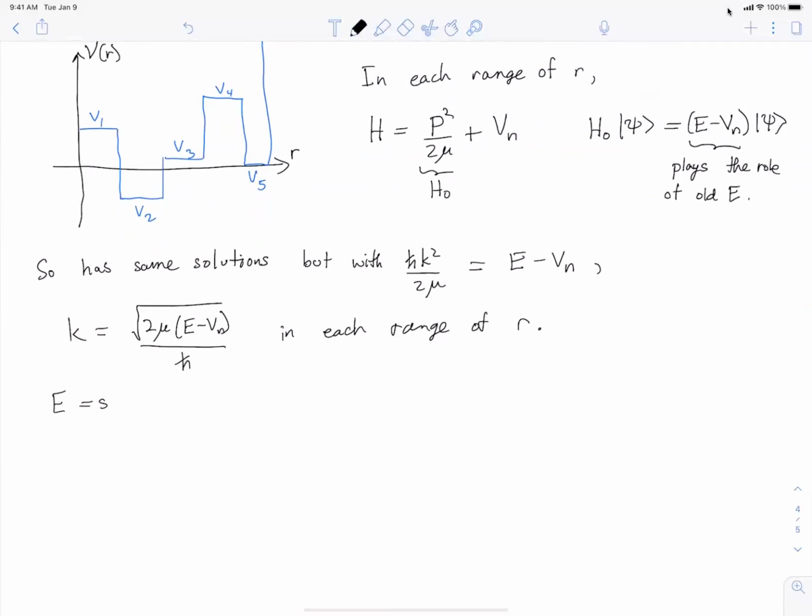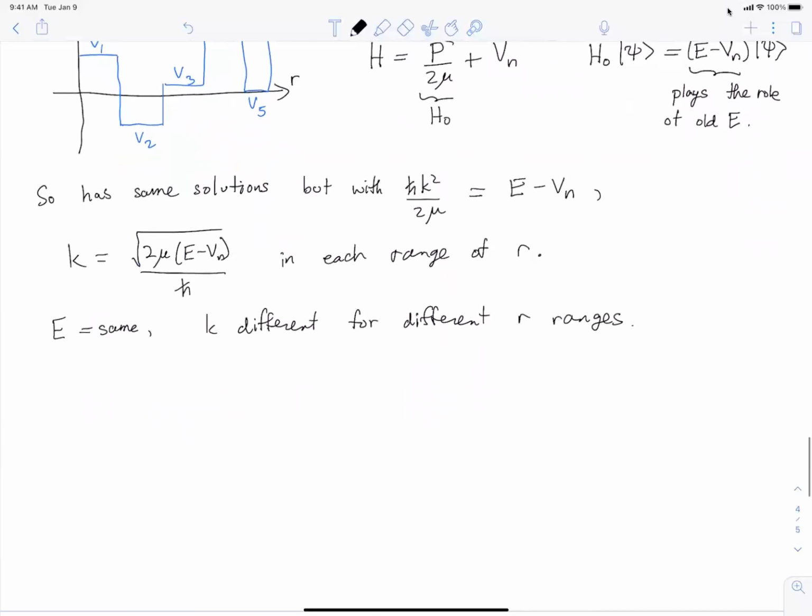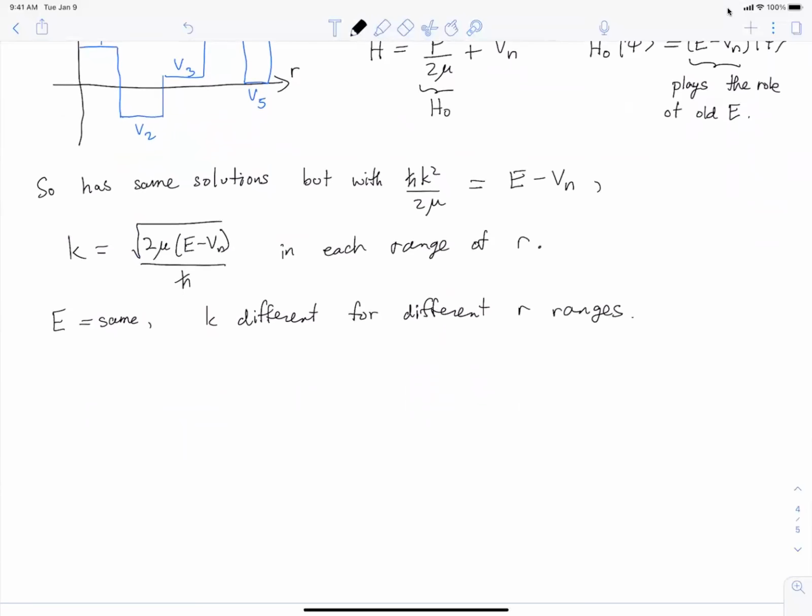E the same, k different for different R ranges.